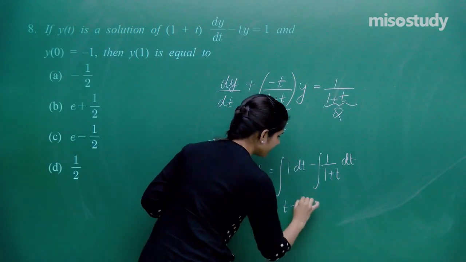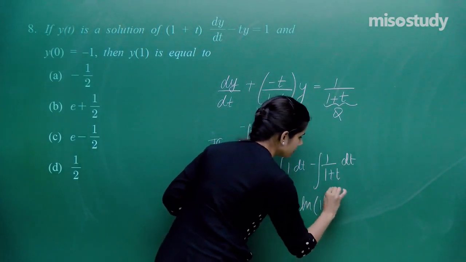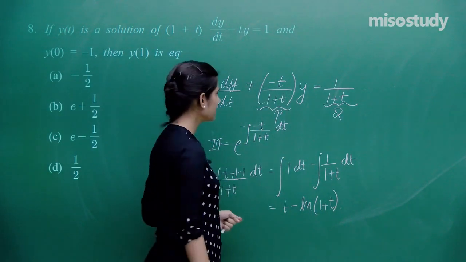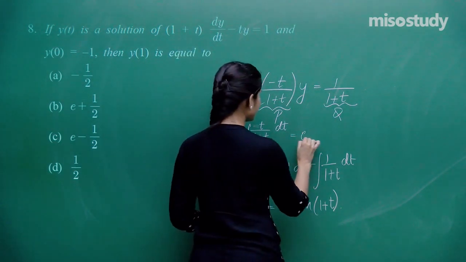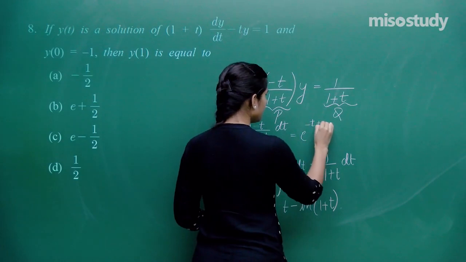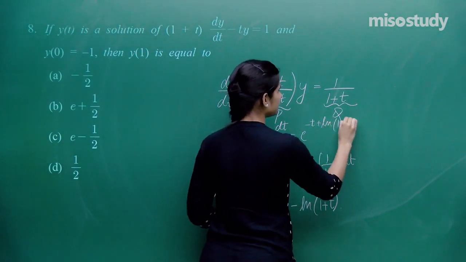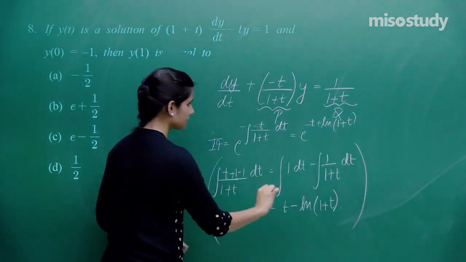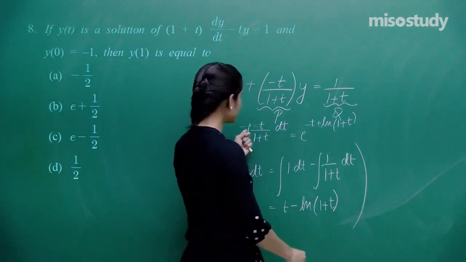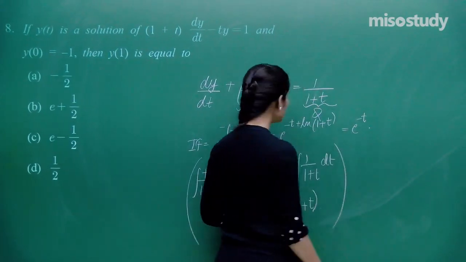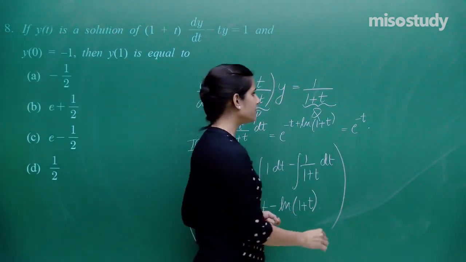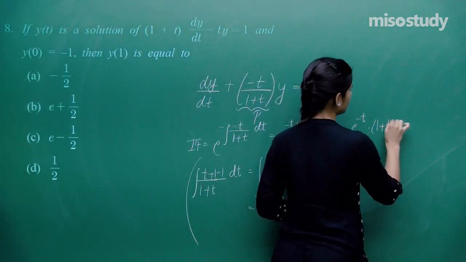This gives you t minus ln of 1 plus t. If this integration is t minus ln of 1 plus t, you are actually getting e to the power minus t plus ln of 1 plus t. Right? Because minus sign was already present over here. This gives you e to the power minus t into e to the power ln of 1 plus t, which is just 1 plus t.